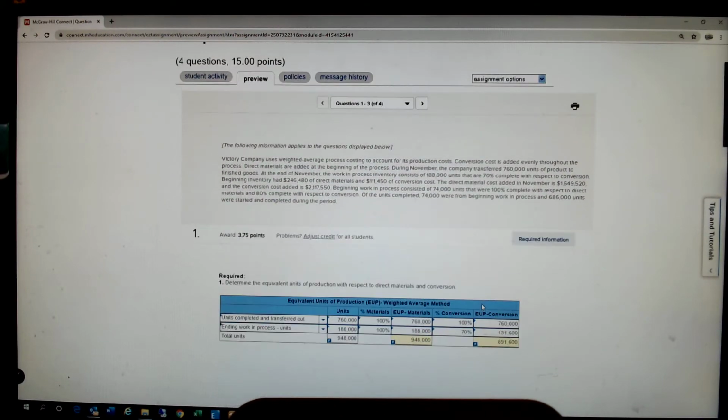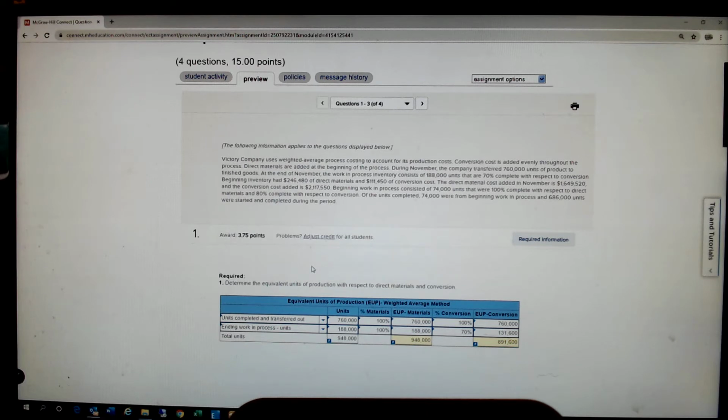So that's what we're going to work out together here. And again, however you want to organize it in your mind, I like to use the spreadsheet that I loaded at Canvas. And that's what I'll use on this problem, and I'll show you kind of how I would attack this problem. Okay, it says Victory Company uses the weighted average process cost.